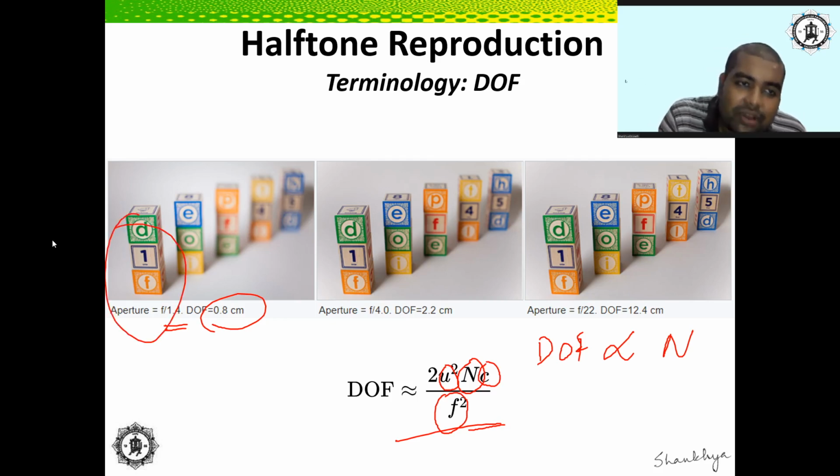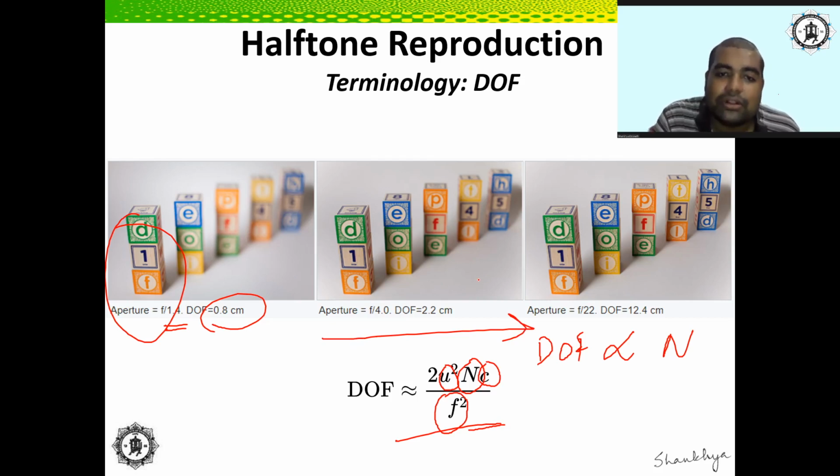Only the nearest object will be sharply focused by the camera or optical system. But as you increase the f number, the lens aperture reduces, and you can see that the depth of field increases.